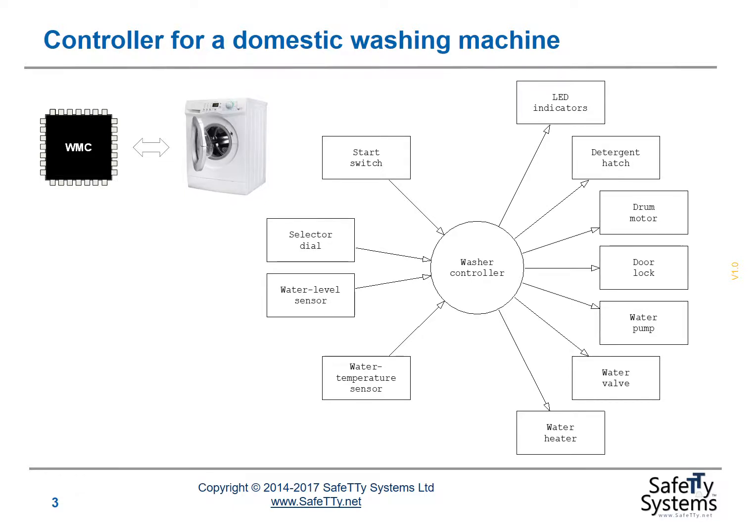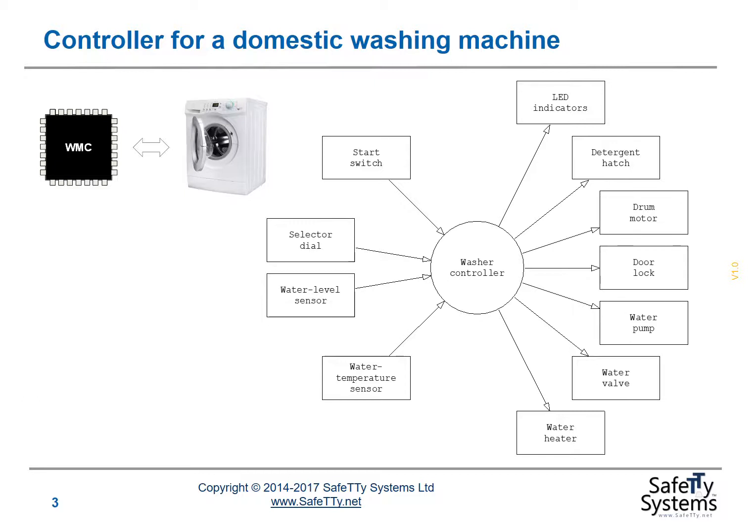So let's consider what we're trying to achieve here. This slide shows a context diagram of the washer controller that we're working with. The context diagram shows the washer controller itself and illustrates the various hardware components that the system is going to interact with.